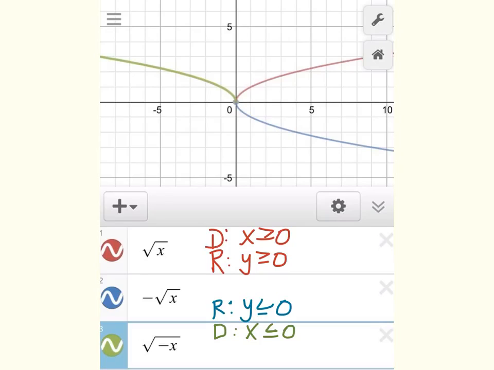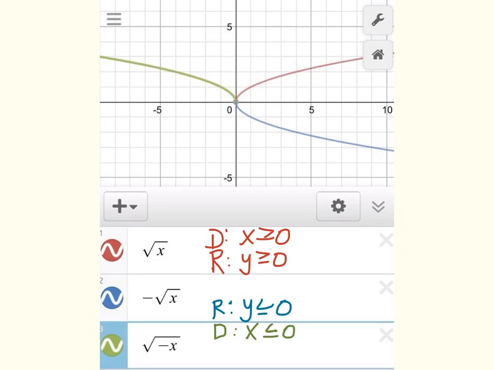So you can see how it increases from the parent function. Now let's look at when we put some negative signs in a couple of different places. Again, here's our parent function, the square root of x, and its domain is all of the x values greater than 0 and all of the y values greater than 0.